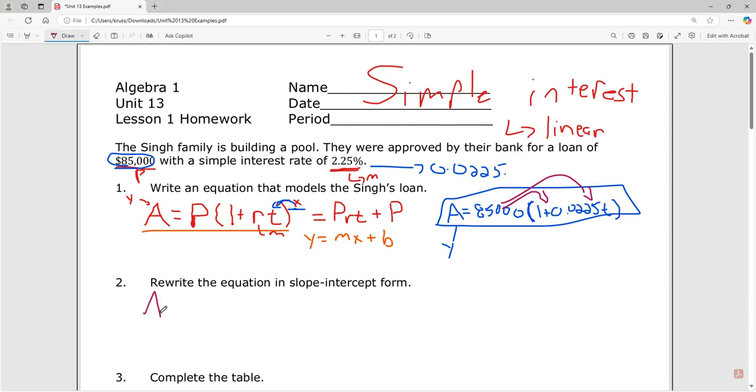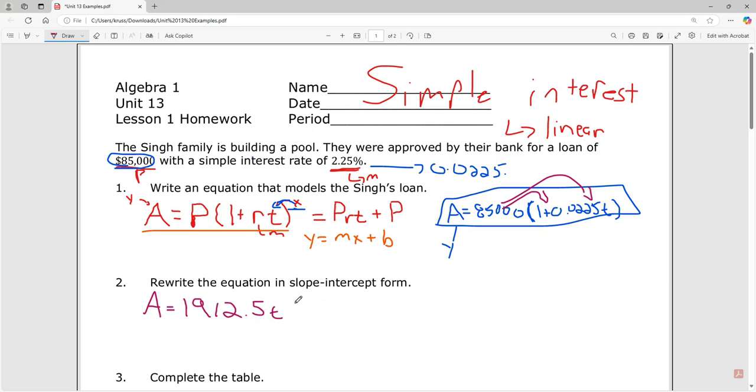So A equals 1912.5 times time. So this is my M, and this is my X value, right?